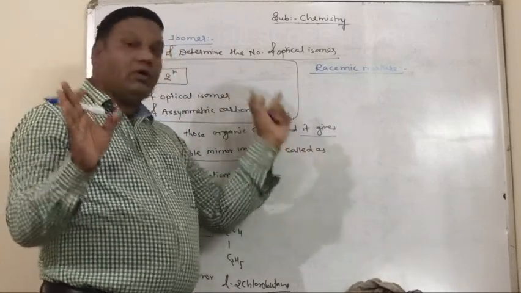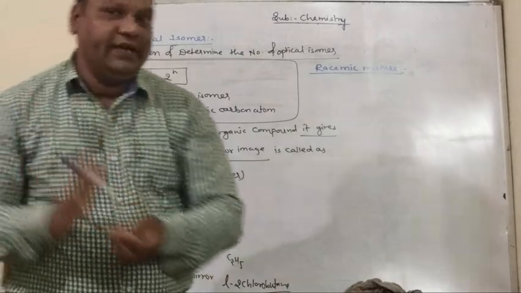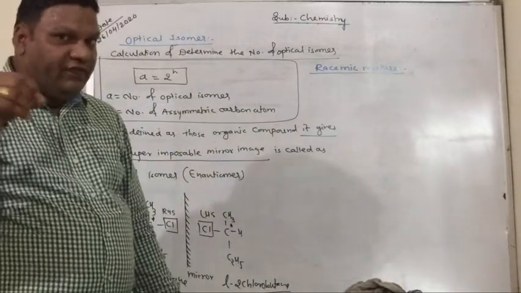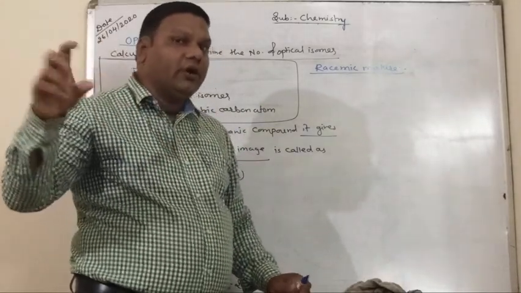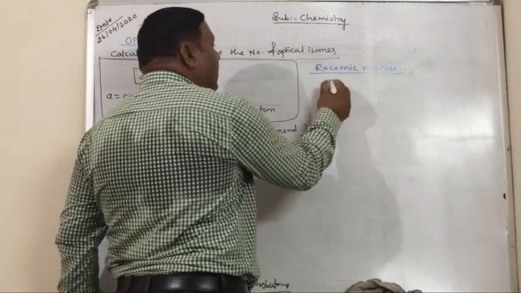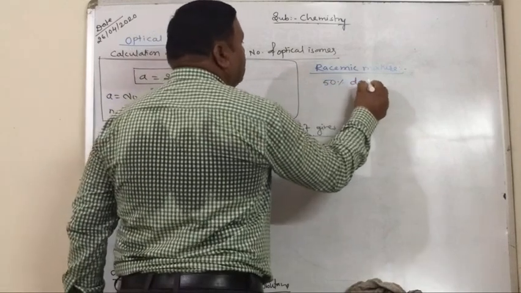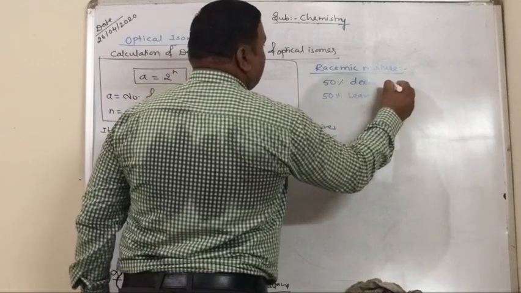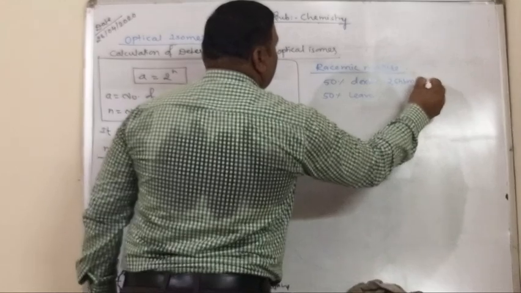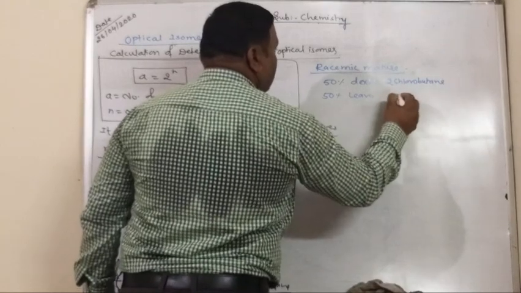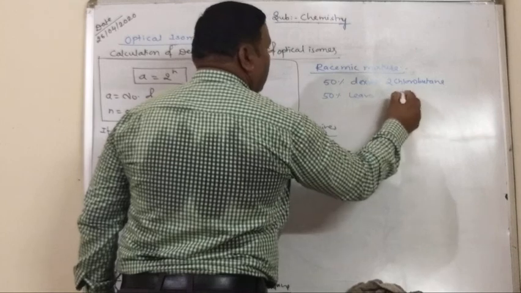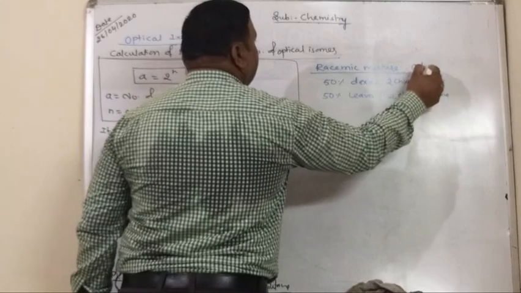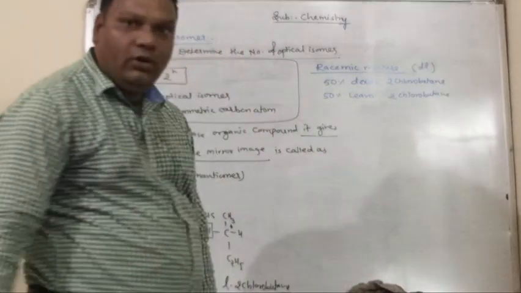In this glass tube, if we take equal proportions of the dextro and levo compounds, that is, 50% dextro-2-chlorobutane and 50% levo-2-chlorobutane, remember. This mixture is called the DL mixture, the dextro-levo mixture.